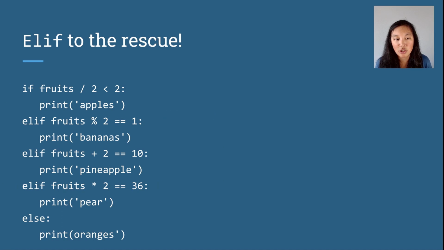Let's see another example. What if fruits is 5 this time? So we're going to do fruits divided by 2, which is 2.5. 2.5 less than 2 is going to be false. So we're going to skip the code inside of it. We go to the elif and take a look at that. Fruits mod 2 equals 1. Fruits is 5. 5 mod 2 equals 1.